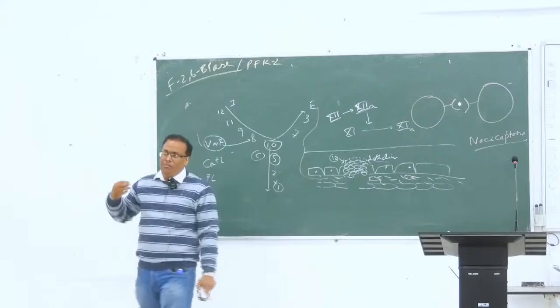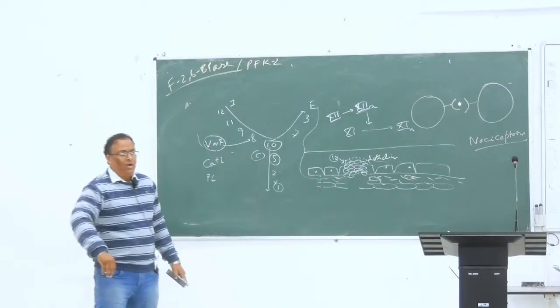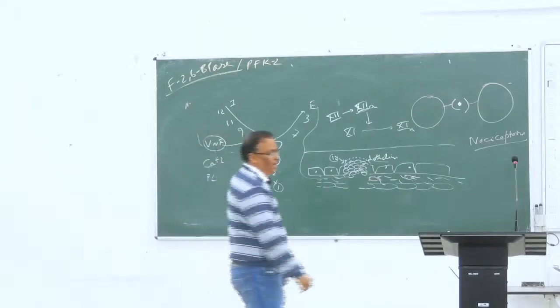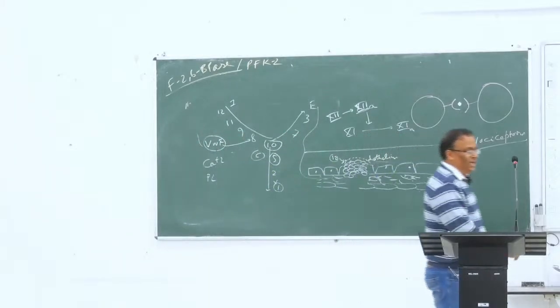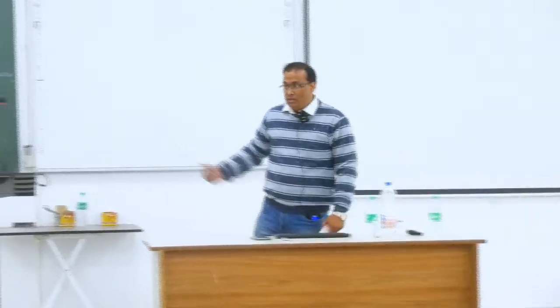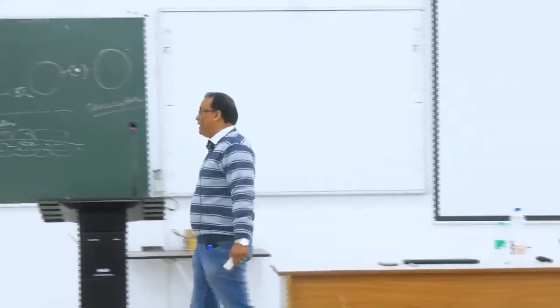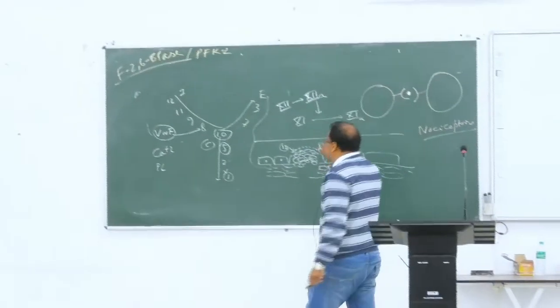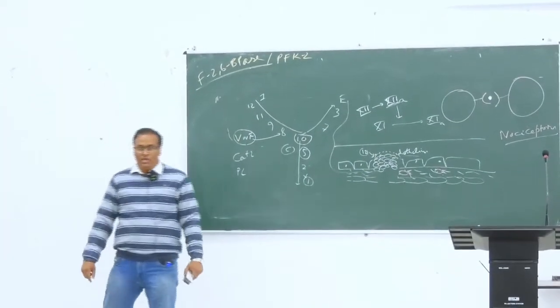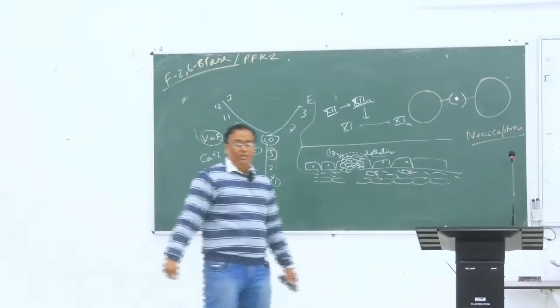Now one thing in my mind: what is hemophilia C? You know already about hemophilia A and B, but there is a hemophilia C. I don't know whether it is written in your book or not. But yes, factor 11 absence is hemophilia C. Hemophilia B is Christmas disease, the absence of factor 9.